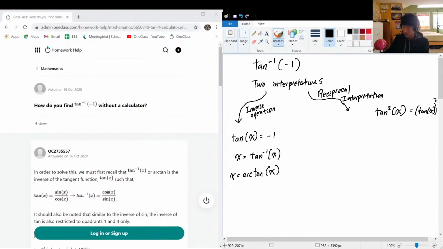Okay, so we move it on the function instead. So it would stand to reason, reasonably assume, that tan to the power of negative 1 of x is equal to tan of x to the power of negative 1. And this is the same as saying equal to 1 over tan of x.